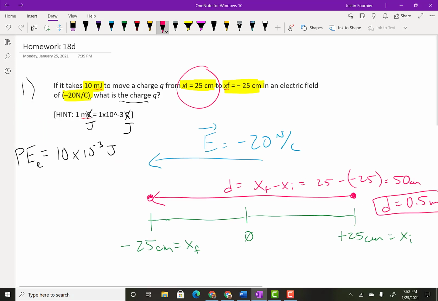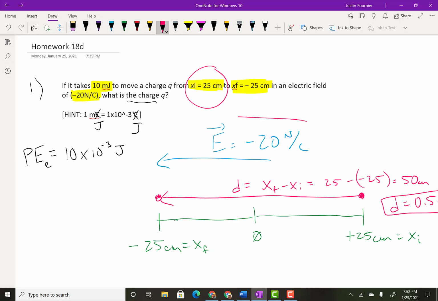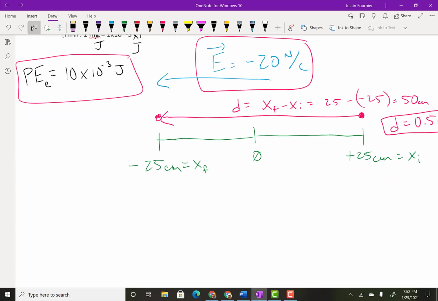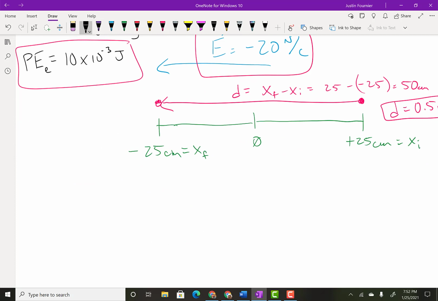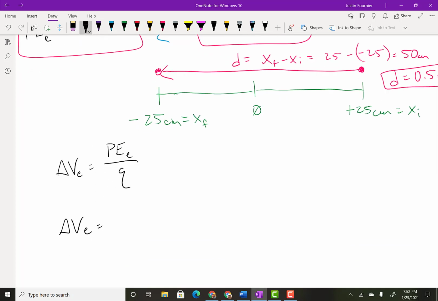So there's that. Now, that's all well and good. I got that, and this is what's going to help me here. The other things that I need now are my equations. I know that electric potential is the amount of electric potential energy per charge. But I also know that my electric potential is the electric field times the distance, right?